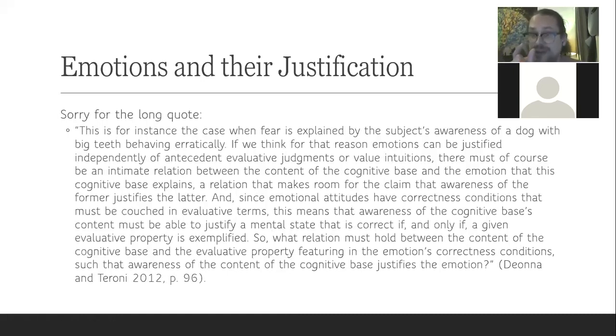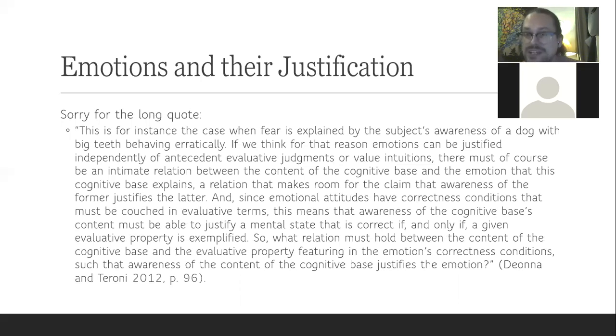Because the evaluative property in an emotion is not the content of the emotion. It might be the content of one of the cognitive bases of your emotion, though. But it also features in the correctness conditions, right? So what's the relation between the evaluative properties featuring in my cognitive bases that also features in the correctness conditions?